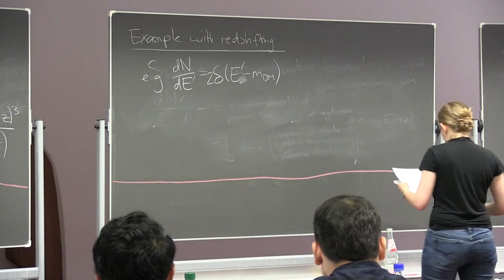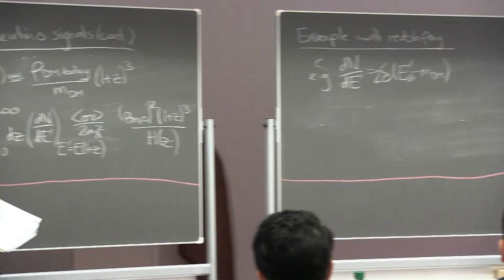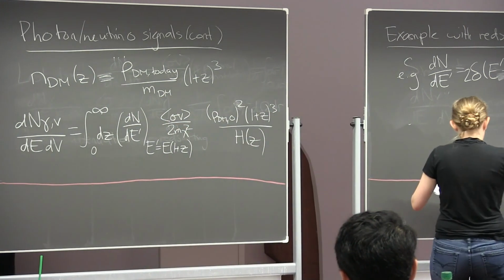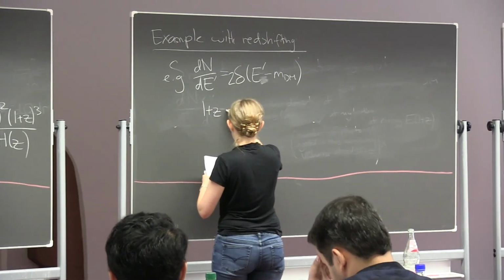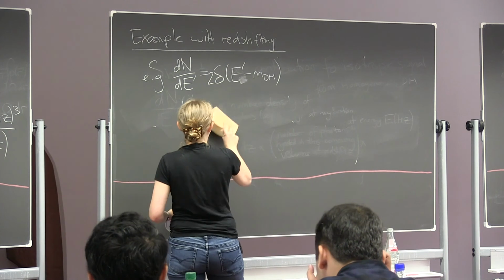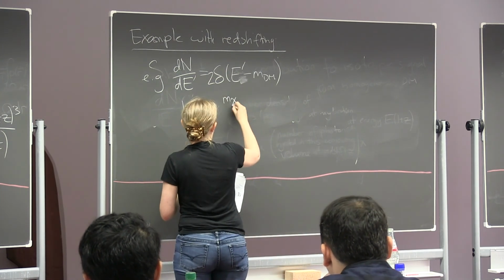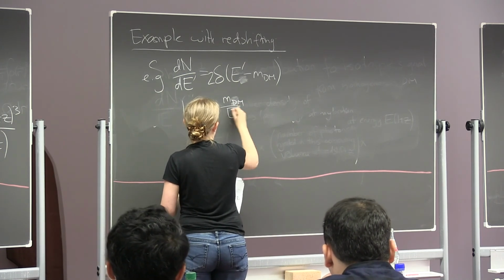So then this tells me that I can rewrite this 1 plus z in the integral as just m chi, the dark matter mass, over the energy of the photons that I'm measuring.